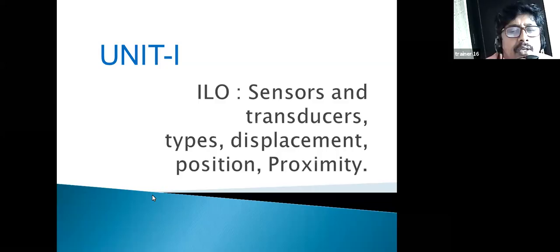Then we discussed the advantages and disadvantages of mechatronic systems. Advantages are more in this case. That means we can get accurate values, and we can get more production within a lesser period of time. For example, some disadvantages are there.